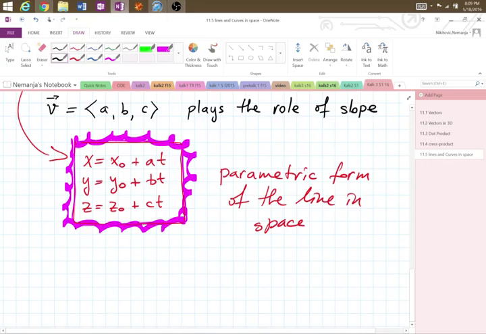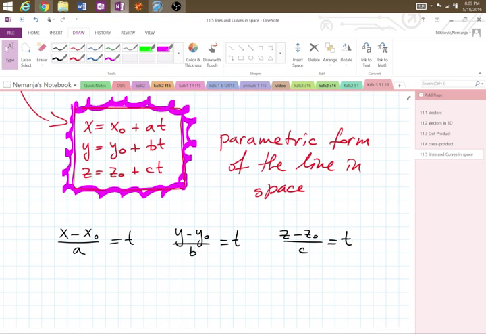So (x minus x0) over a is t, and (y minus y0) over b is t, and (z minus z0) over c is also t. And since you have all of these t's, then you can just equate all of these.